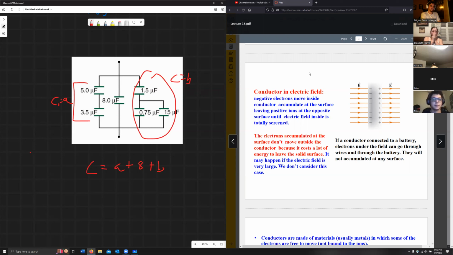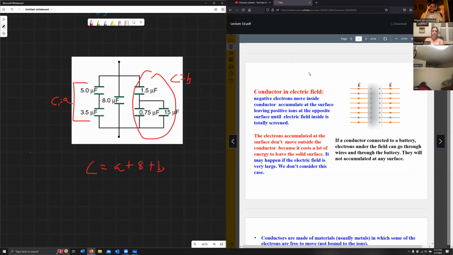Electrons accumulate at the surface, and don't move outside of the conductor because it costs a lot of energy to leave a solid surface. It may happen if the electric field is very large. We don't consider this case. This is kind of like what we talked about in the past about having a charge point inside of a conductor.